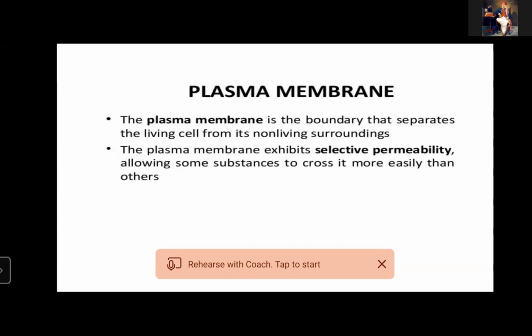And then the plasma membrane exhibits selectively permeable membrane. Why is it called selectively permeable membrane?